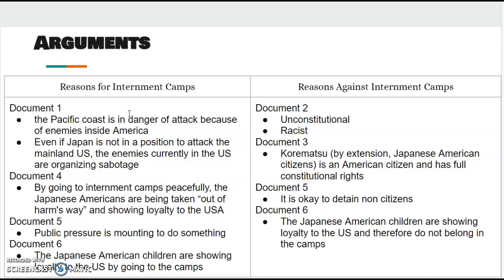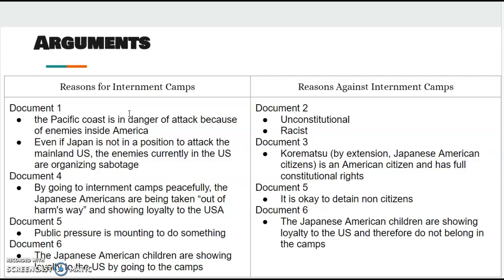Other reasons for internment camps: in document 4, it was that political cartoon that says all packed up and ready to go. It said by going to the internment camps peacefully, the Japanese Americans are being led out of harm's way, so that's protecting them. Immediately following the attack on Pearl Harbor, there was a lot of anti-Japanese sentiment going on, a lot of discrimination against Japanese Americans.